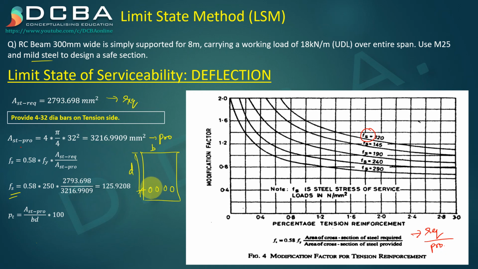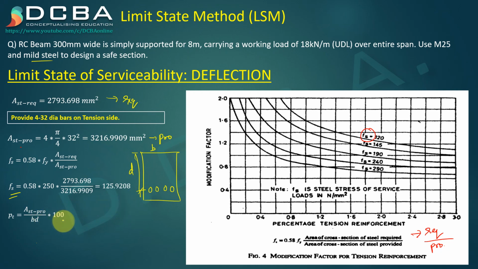Then what is the percentage of this area of steel as compared to the area of concrete? That is what it simply means. Percentage of tension reinforcement means how much percentage of area of this b into d is this area of steel provided.